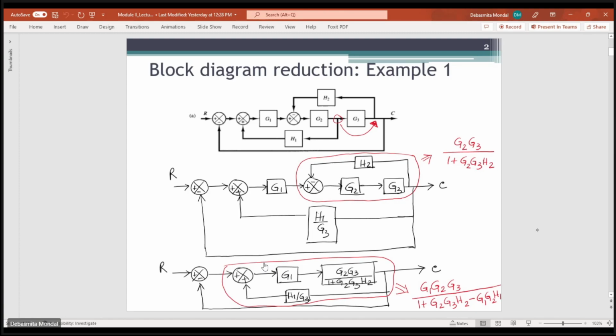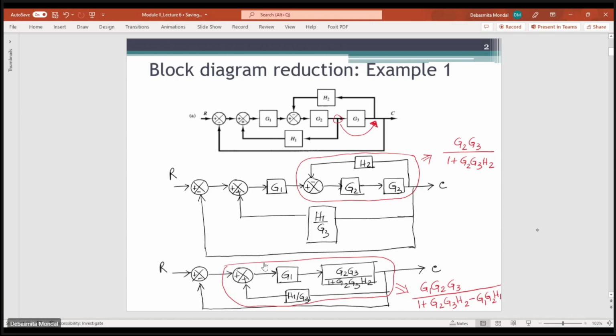So here, this is a takeoff point that we have over here. What you can do is move this takeoff point after this block G3. Moving this takeoff point after the block G3, what will it do? You will have to add a gain equal to the reciprocal of the gain beyond which you are moving the takeoff point.